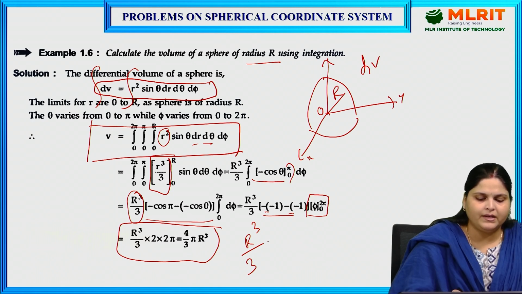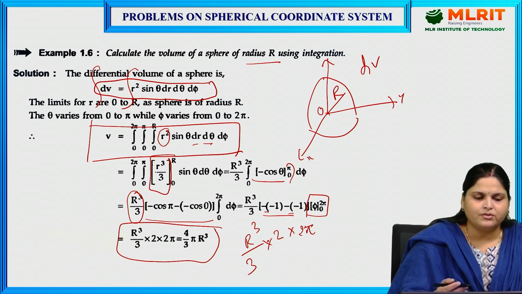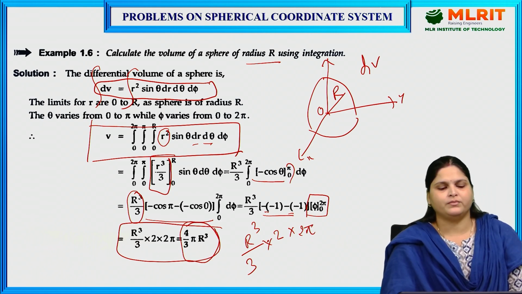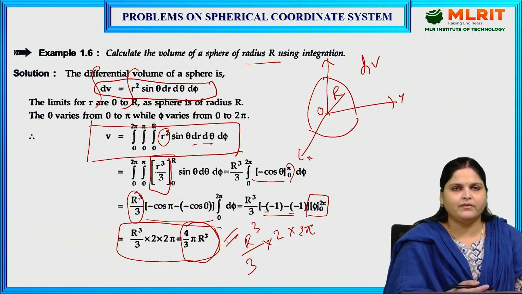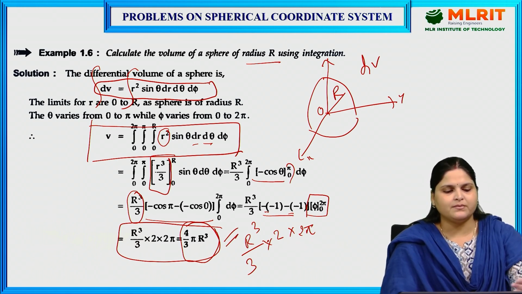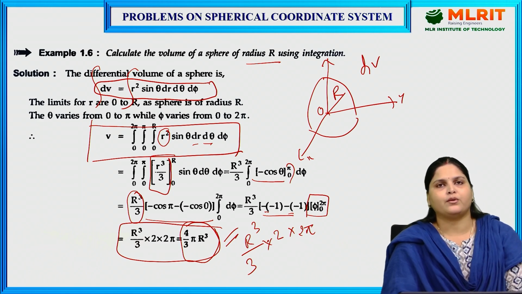So we are getting 2 here and this is also 2 pi. So this is the formula of sphere volume, and as you know this is the formula which you have earlier also studied. So in this manner it can be calculated, right?